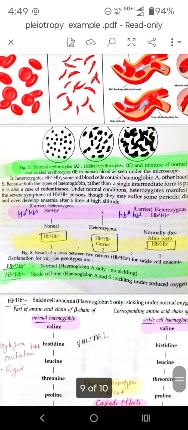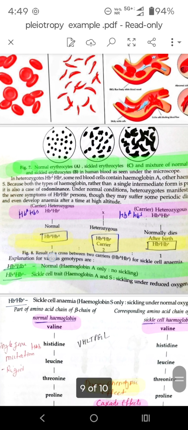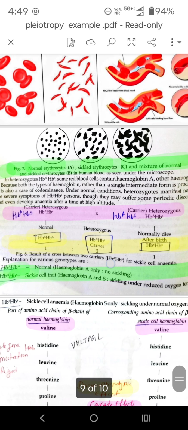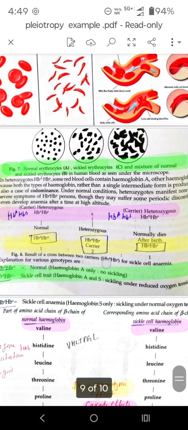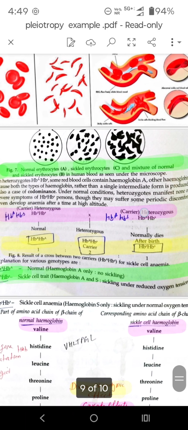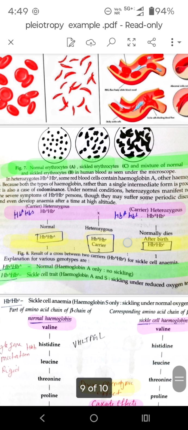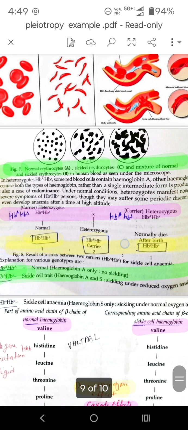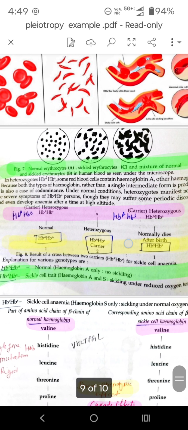Then there is the possibility that one will be normal, HbA HbA, then HbA HbS will be a carrier, and HbS HbS will have sickle cell. This one will die, so it is also lethal, and it also shows codominance, because both HbA and HbS characters are expressed here.